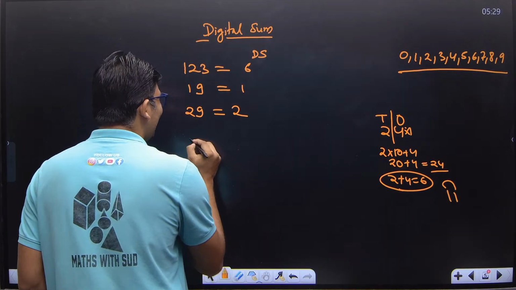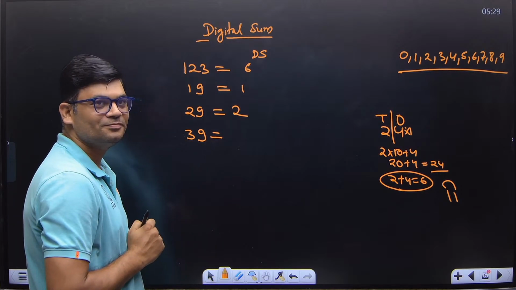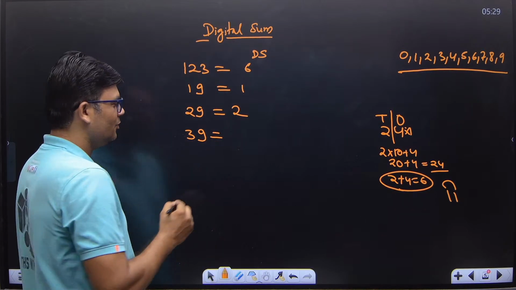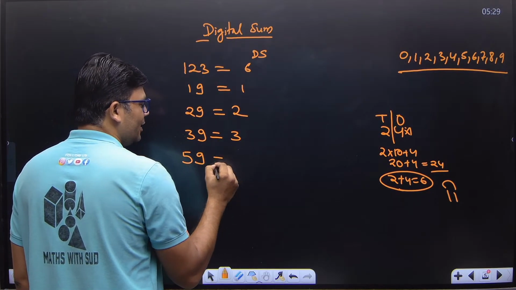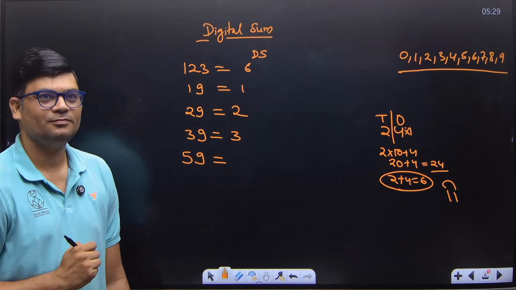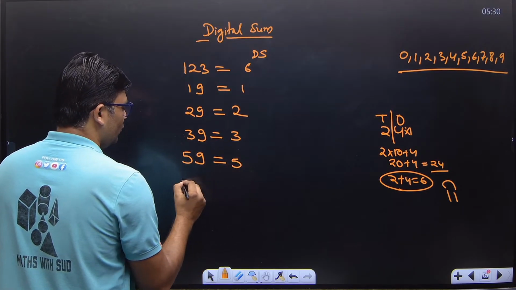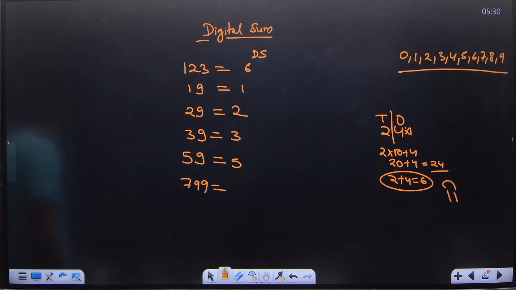Okay. You will get it with some examples. What is 39? 3. Very good. If you are looking at the pattern, can you tell me what will be 59? 5. Very good. What could be this? Can you find for this as well?